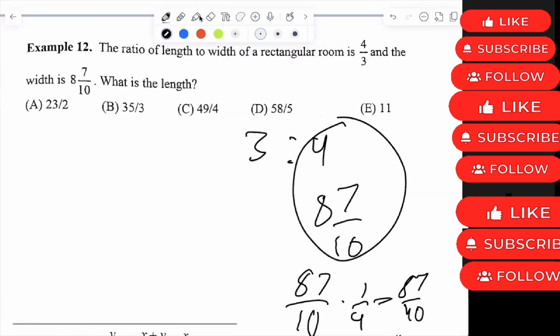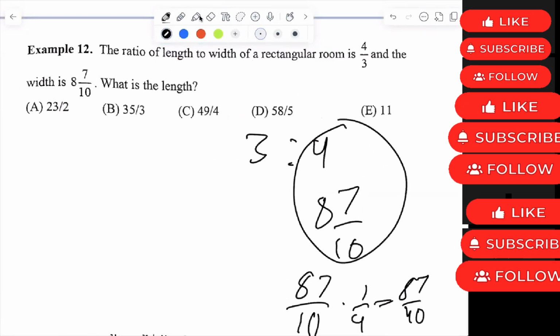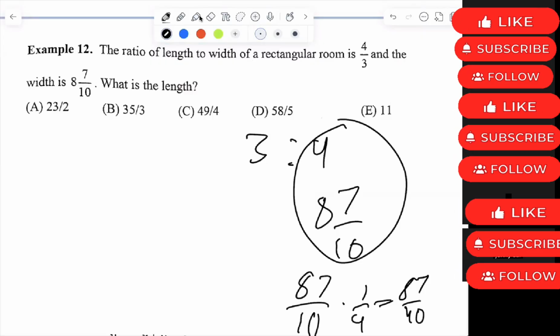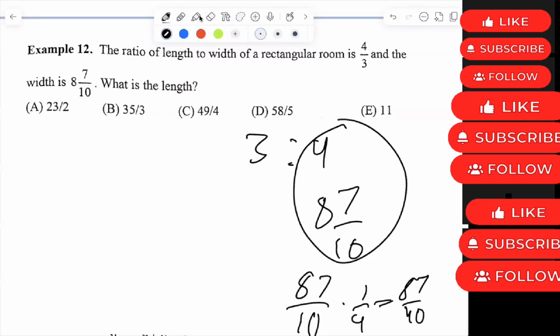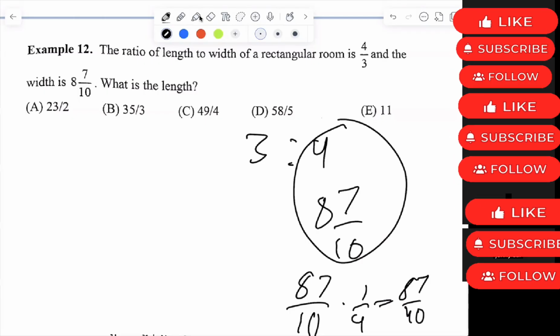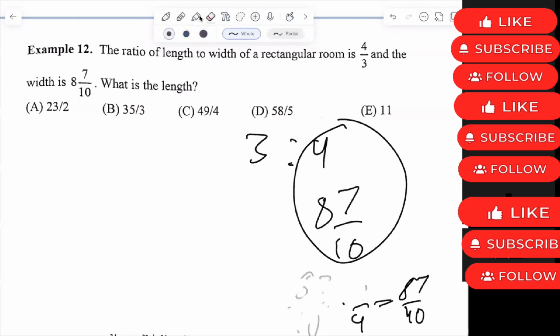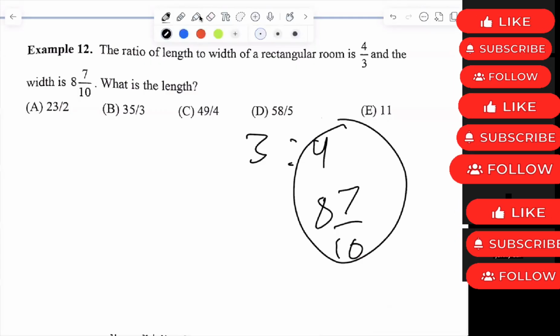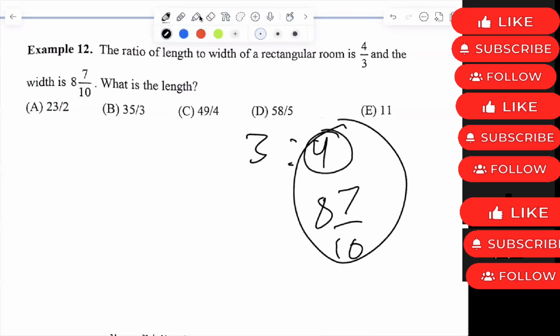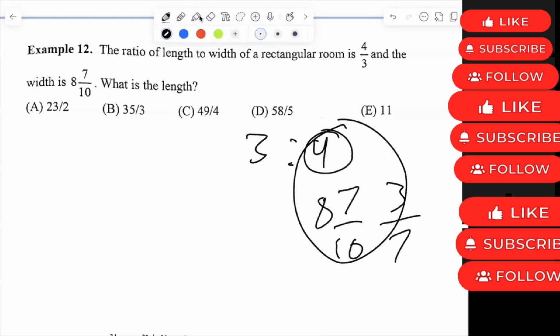If I'm correct. So if it's 87/10, then it should be 3/4 of it, right?